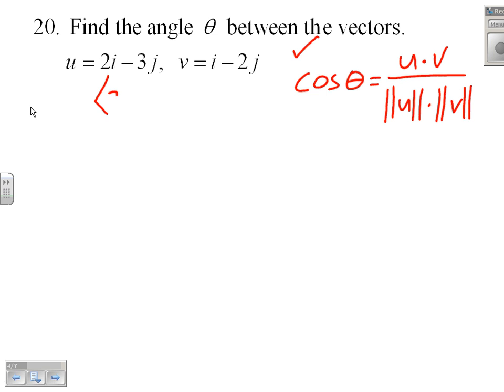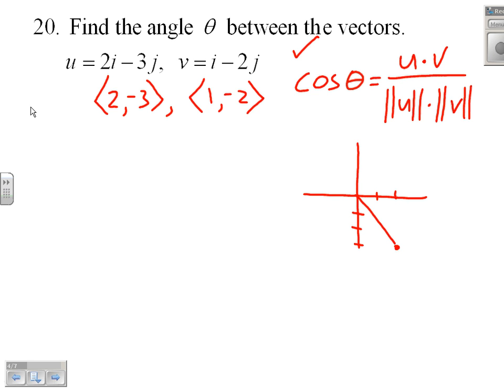This is vector u = 2, -3, and this is a vector v = 1, -2. If I was to sketch those so we get some idea of what we're looking for, I've got 2, -3, this vector, and 1, -2, this vector.